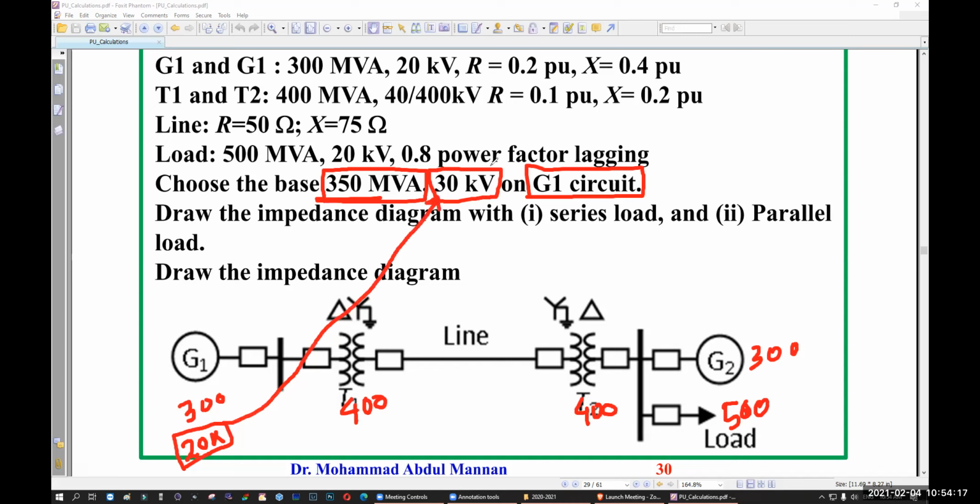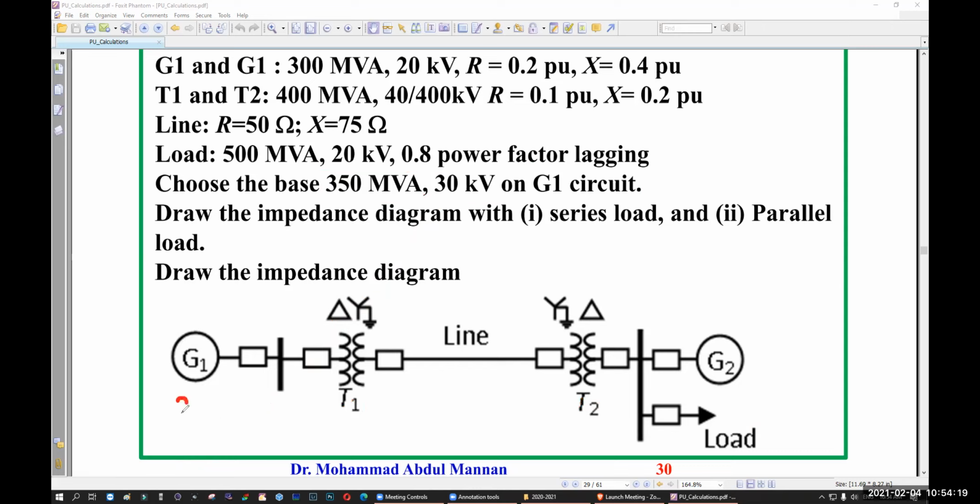This one was 40 to 400, right? This one was 400 to 40. And this one is again 20. And this one was 20, right? Now see, but they said to use 30 kV on generator 1.